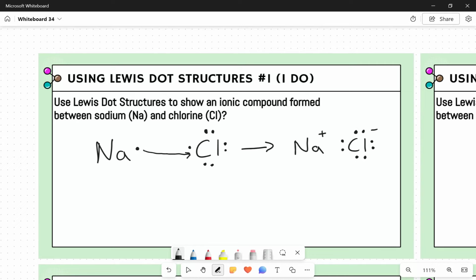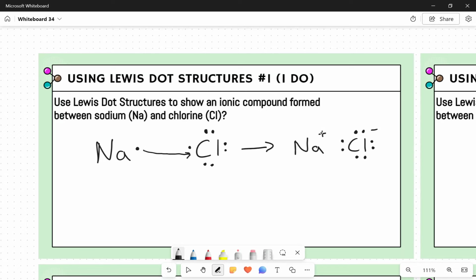Also, the Lewis dot structure for sodium is shown with 0 valence electrons, but that's not necessarily true. What it's showing you is that what was originally the outermost shell of sodium is now completely empty. Now, that doesn't mean it doesn't have valence electrons now. Remember, it's gone to one energy level lower. It's mimicking the noble gas from the period before it.